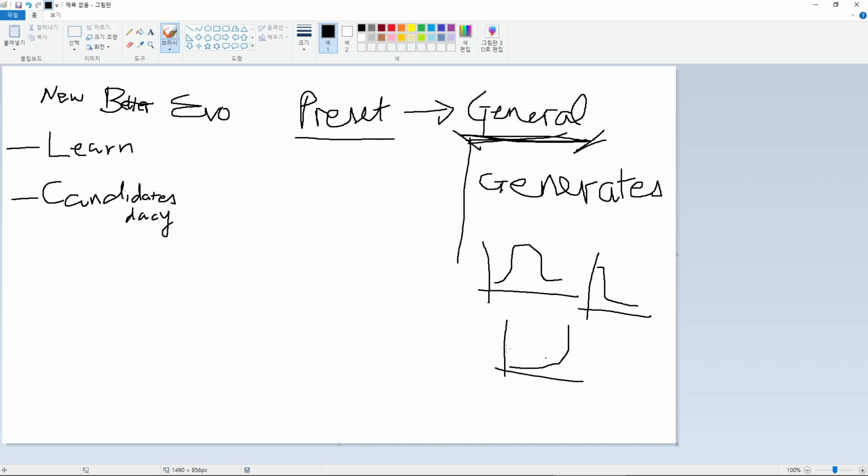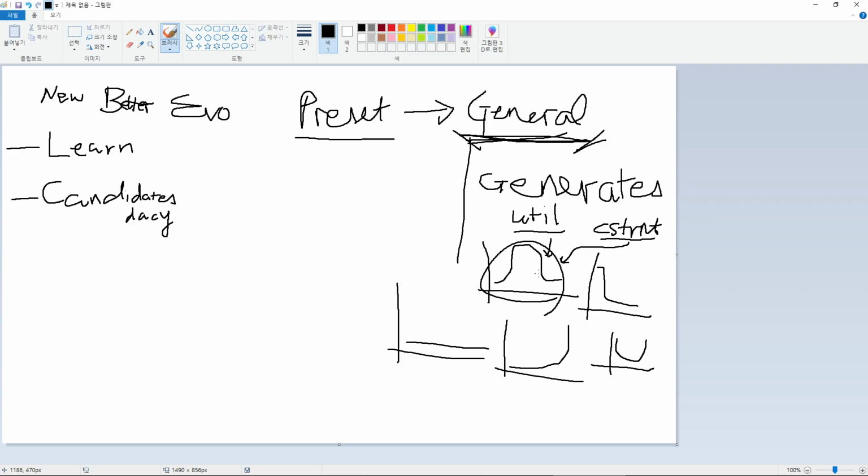It may come from any one of these distributions. So there are the utility values and the constraint values, CST, and these two sets could come from the same distribution, but they would still be sampled separately. So they're not the same value. Just because they're from the same distribution type does not mean that they are the same value.